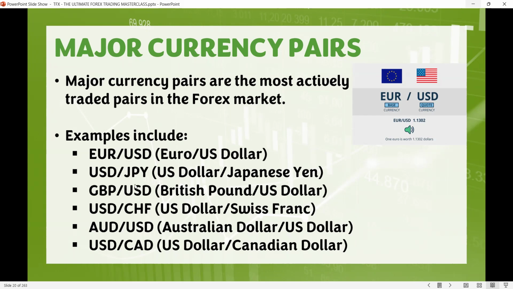If you say GU, I understand that you are trading Great Britain pound USD. If you say HU, I understand that you are trading Aussie dollar and US dollar. So those are the major currency pairs that are being traded on the Forex market. I hope you get that.